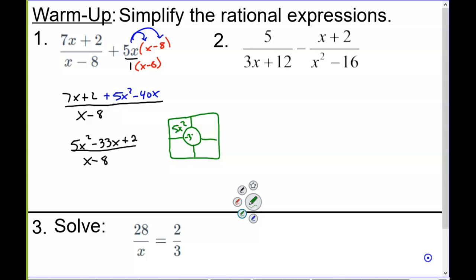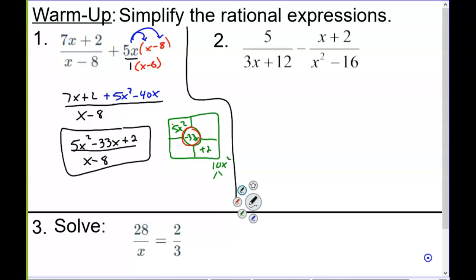You do not have to write this part right here. But think about that. If I multiply the two corners, I get positive 10x squared. There isn't any way I'm going to get factors that add up to give me negative 33x, which means we can't factor this. And that's just confirmation that that's as far as I can go. All right, but you should always check, can you factor your new numerator?